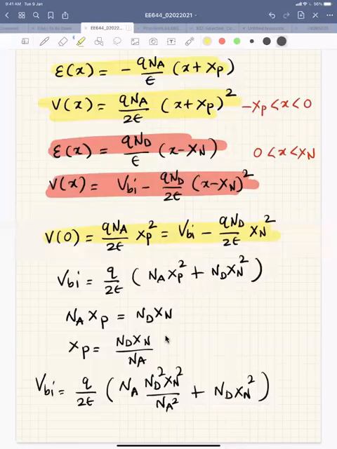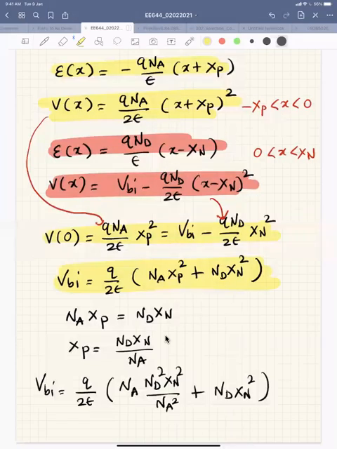So V at 0 is q NA by 2 epsilon xp squared from the first, and from the second it will be like this, and you could equate them. So your built-in potential is VBI equal to q by 2 epsilon times (NA xp squared plus ND xn squared).